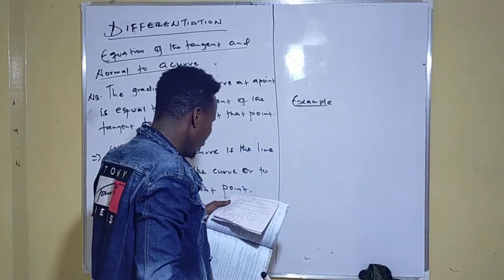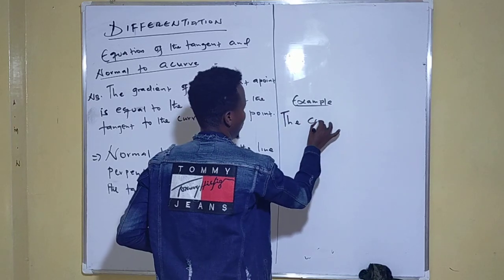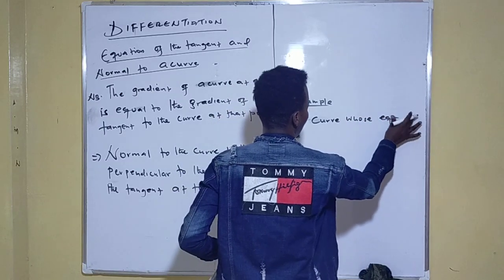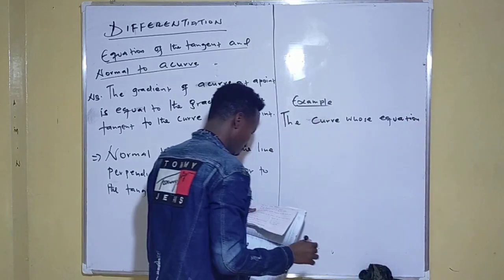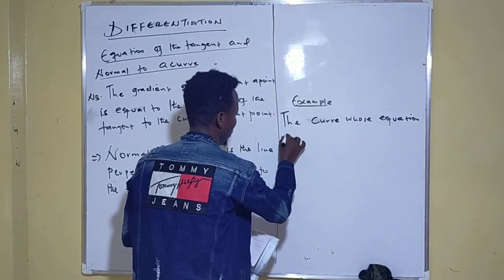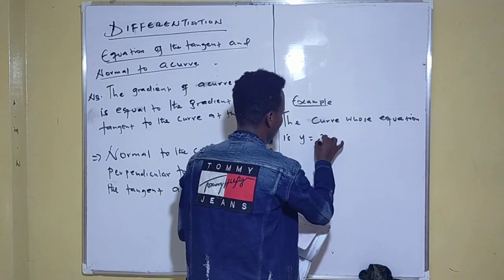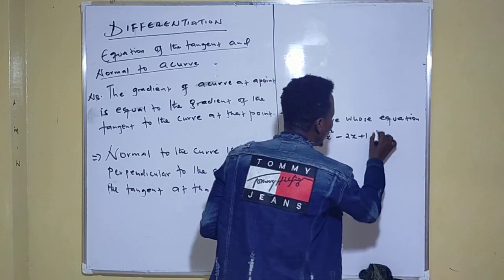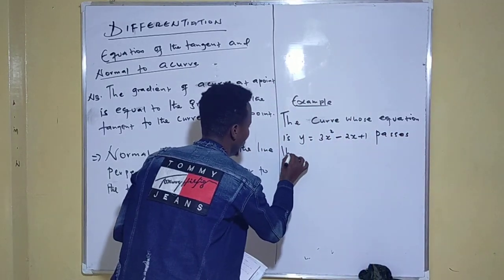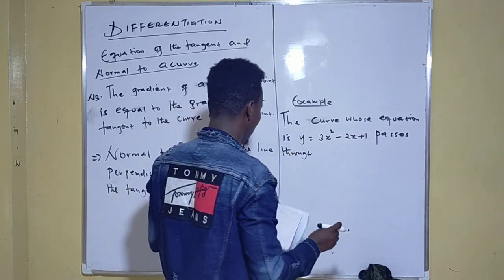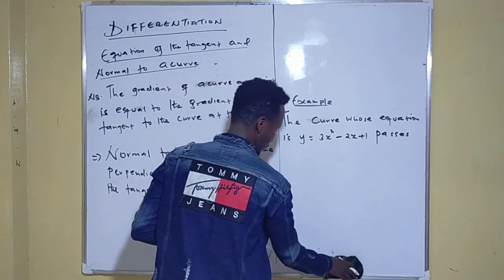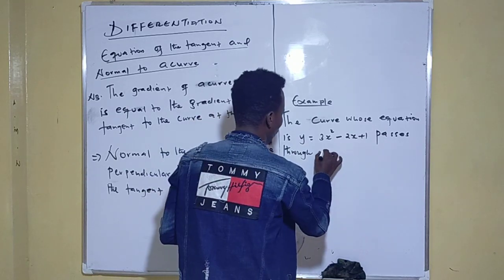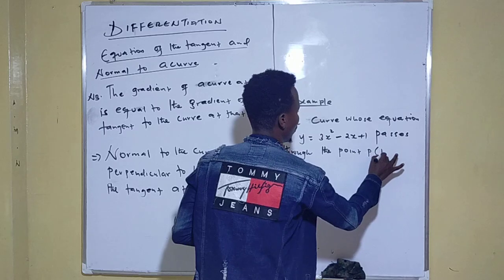You're told the curve whose equation is y is equal to 3x squared minus 2x plus 1 passes through a point to be given, through the point B, which is (1, 2).